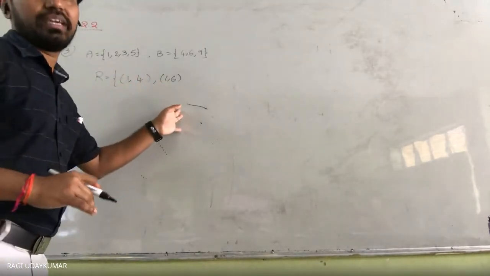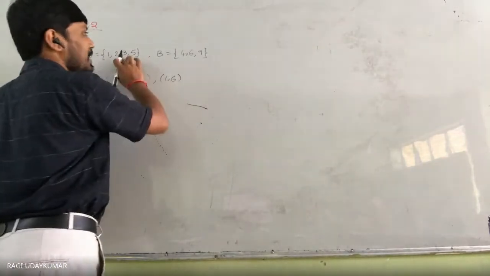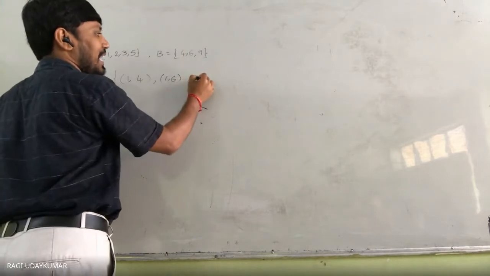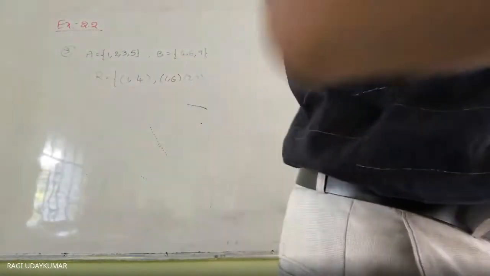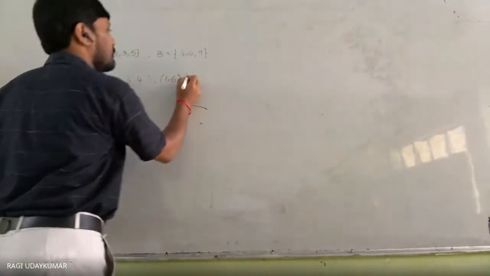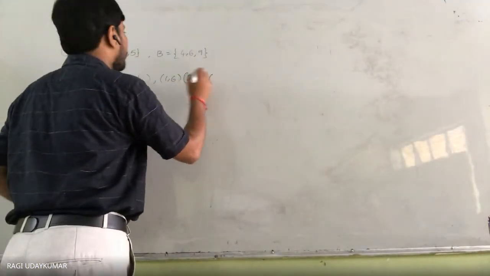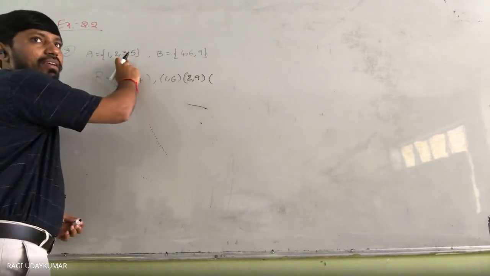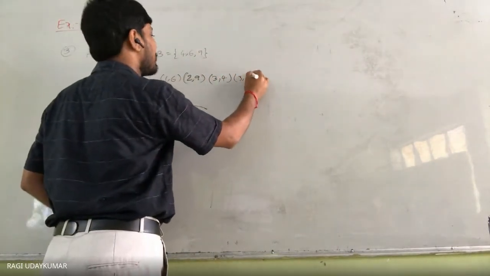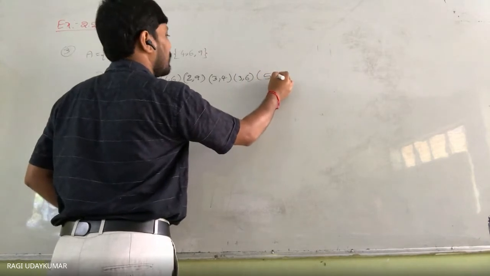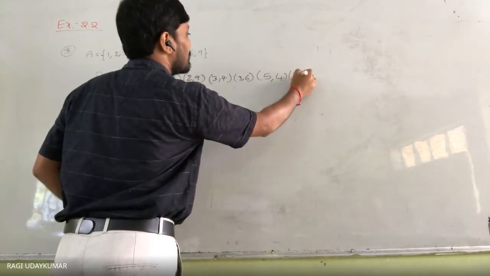Difference is given to you here. So (1, 6). If you take 2, you take an odd number: (2, 9). If you take 3, an odd number, take an even number: (3, 4), (3, 6), (5, 4), (5, 6). That's all.